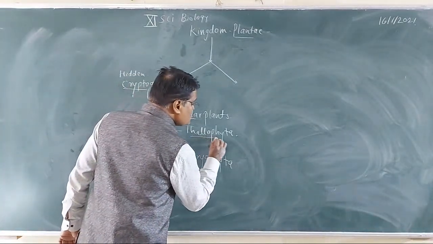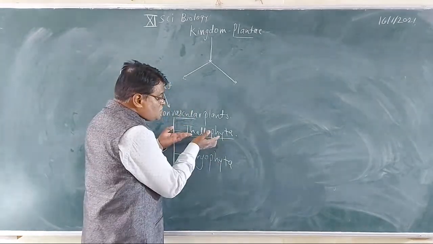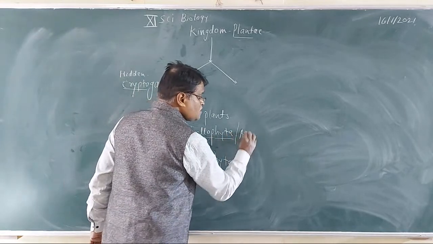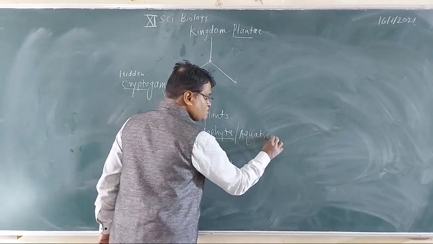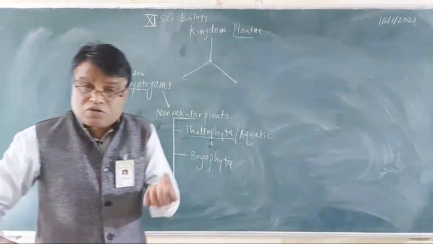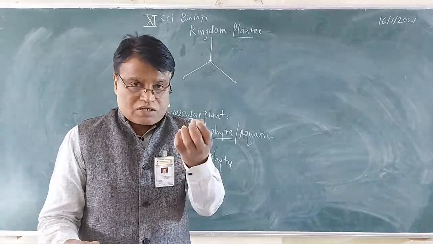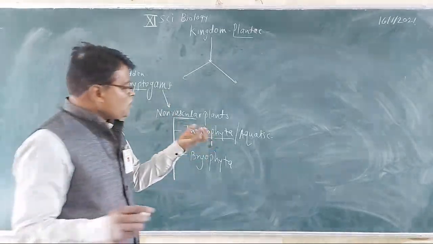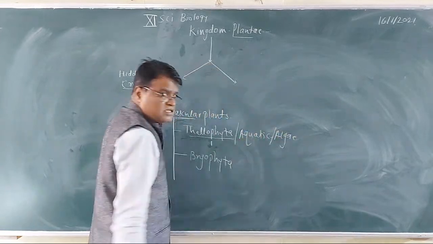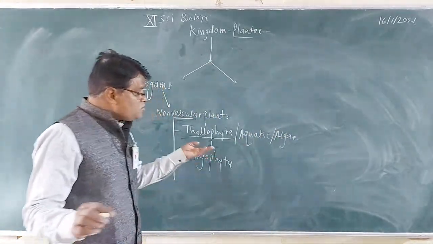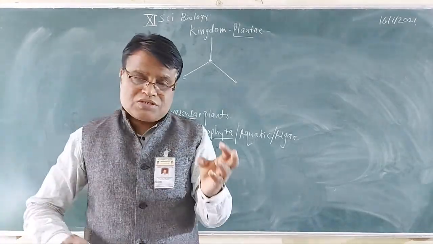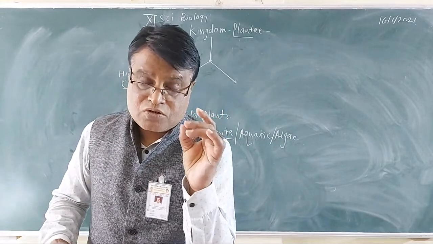So what do you mean by Thallophyta? It is an aquatic one. The plants which grow in water are called aquatic plants. Another name is algae. Land plants show root, stem and leaves, isn't it?